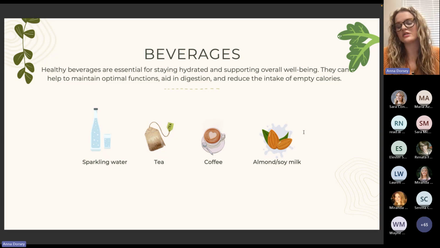Coffee with almond or soy milk is a really good way to get calcium in without maybe taking full fat dairy if that's not something you want to do. It's a lower calorie option. So we want to really just encourage you to stay hydrated and really get all your water in, and these are some good sources and ways to do that.